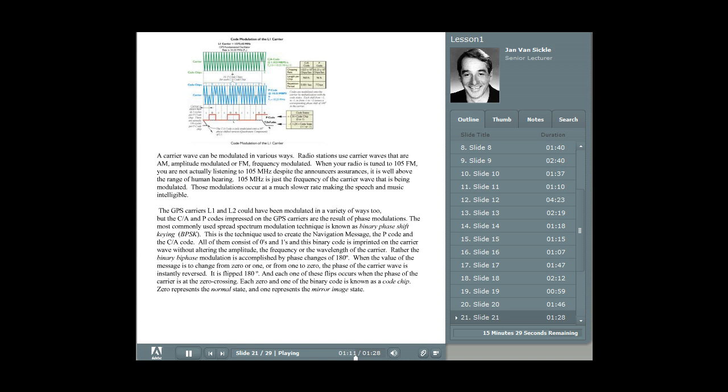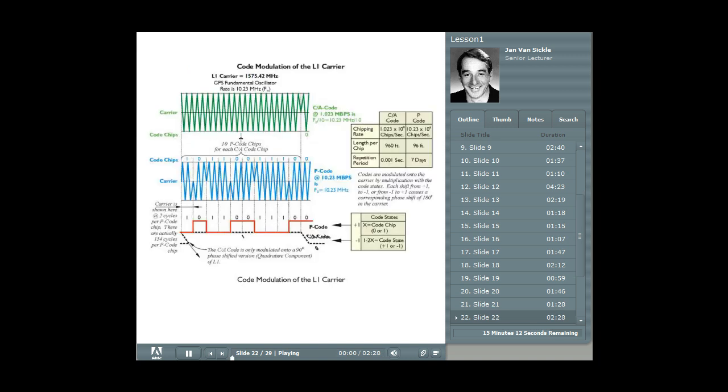When the value of the message is changed from a 0 to a 1, or from a 1 to a 0, the phase of the carrier is instantly reversed. It's flipped 180 degrees. And each one of these crossings creates a code chip. And the 0 represents the normal state, and the 1 represents the mirror image state.